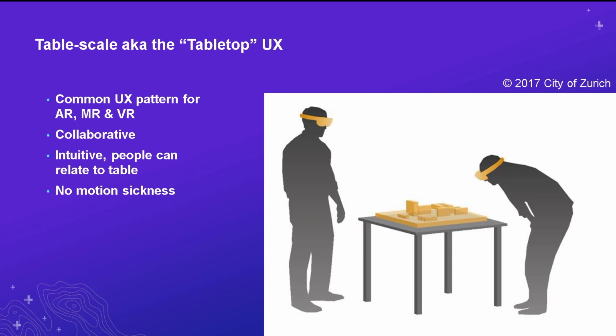This virtual representation can fit on a tabletop, thus table scale, but that's just incidental. It could be represented on a floor or any other surface. These sandboxed experiences are generally used for design and collaboration experiences. It's intuitive as it represents a small-scale model, which in the past may have been constructed out of a physical material. As it's intuitive and grounded in the physical world, motion sickness usually isn't a problem.